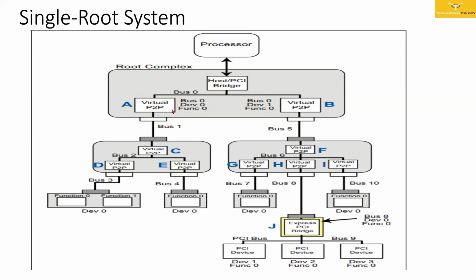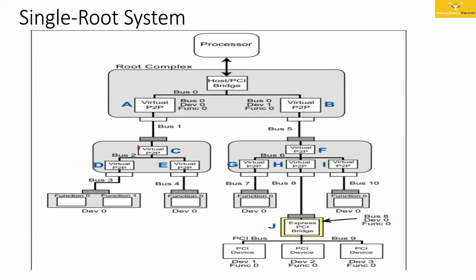Since it is a bridge, it knows it has secondary, primary and subordinate bus registers. So the software is going to write the primary, secondary and subordinate bus numbers in those registers. The primary bus number will be bus 0, the secondary bus number will be bus 1, and the subordinate bus number will be 255.